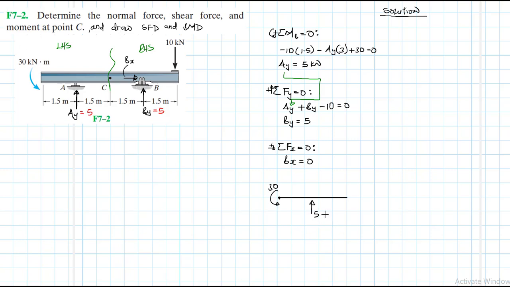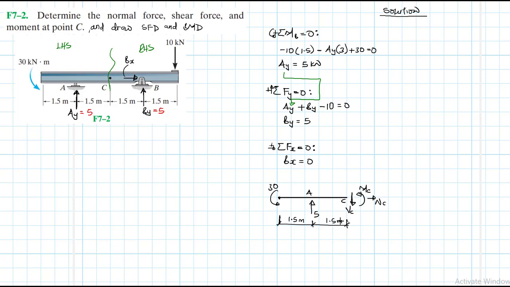So this is 5, and this is our C. So we expect our shear force like that, our moment like so, and our normal force like that. And all of them are at a spacing of 1.5 meters and 1.5 meters. This point here is A.